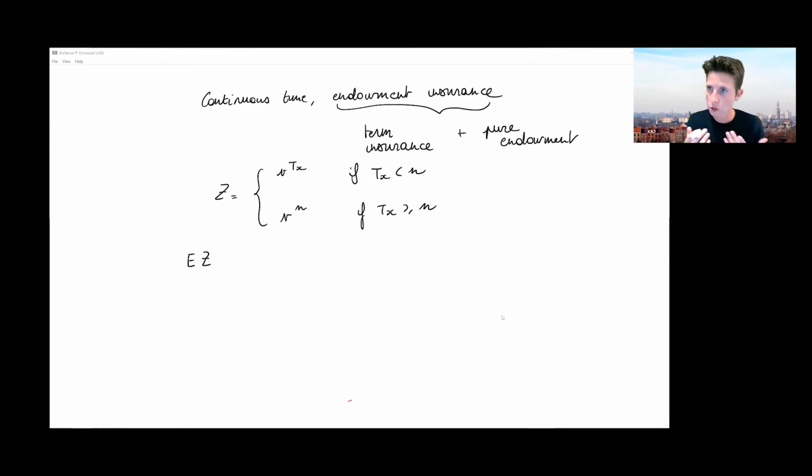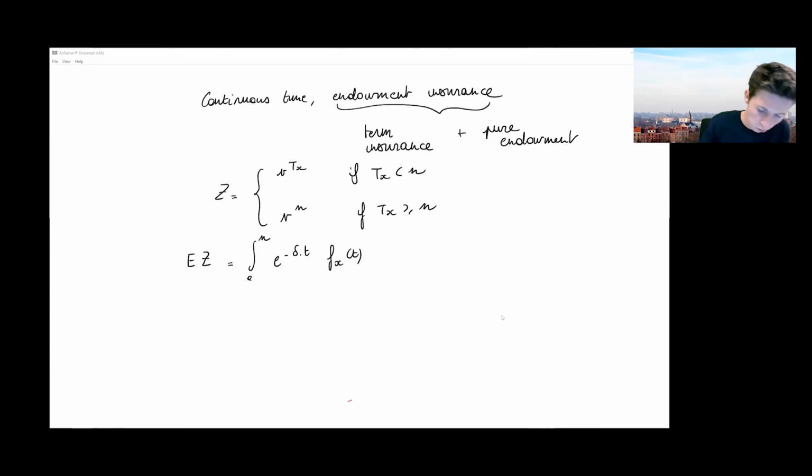And as the definition of Z already indicates, we're going to split up our expected value calculation in 2 integrals. So we're going to go from 0 to n, and we're going to use e to the power minus delta times t, and multiply with the probability density function of Tx evaluated in t.